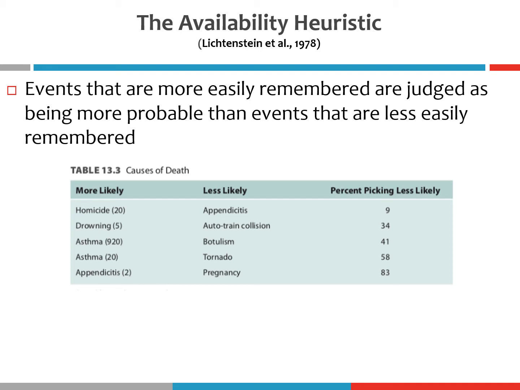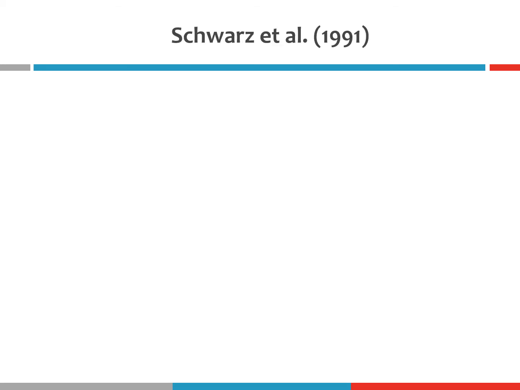So events that are more easily remembered are judged as being more probable than events that are less easily remembered. Okay, so here's another example. I have two more examples of the availability heuristic applied to a slightly different context.